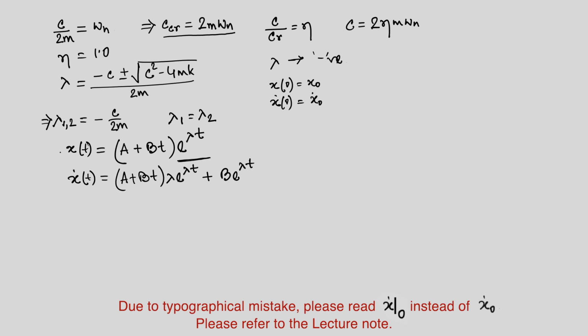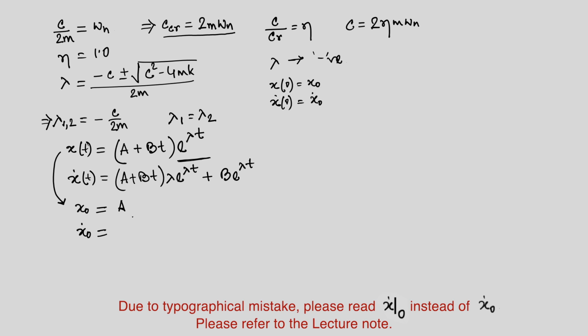So, let us satisfy the first condition. In this case, we have x naught which is equal to A will remain as is, t is 0. So, this B times t will vanish. So, we have A times e to the power lambda t, this will be equal to 1. So, we have the first solution A which is equal to x naught. Then we can find out the second one. Obviously, x naught dot is the velocity at t equal to 0.